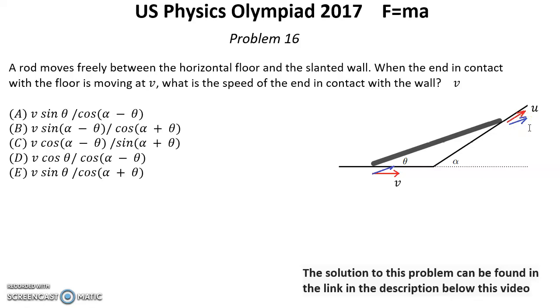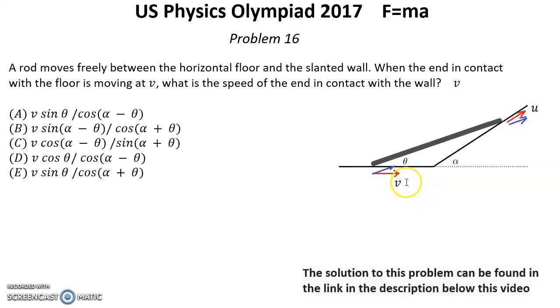We can split these two vectors into translational and rotational motion of this rod. We are not interested now in rotational motion, but for translational motion we have to make projections of these two vectors on the instantaneous direction of this rod.